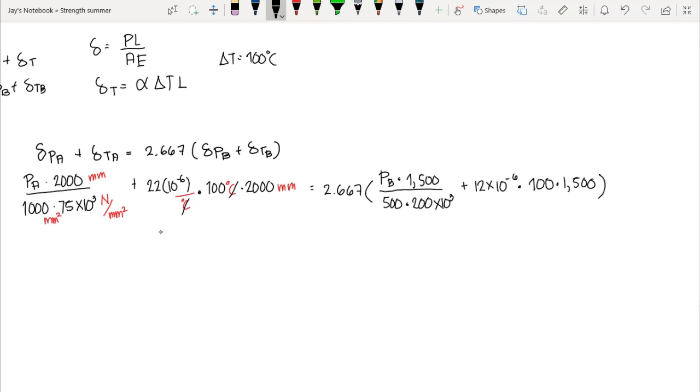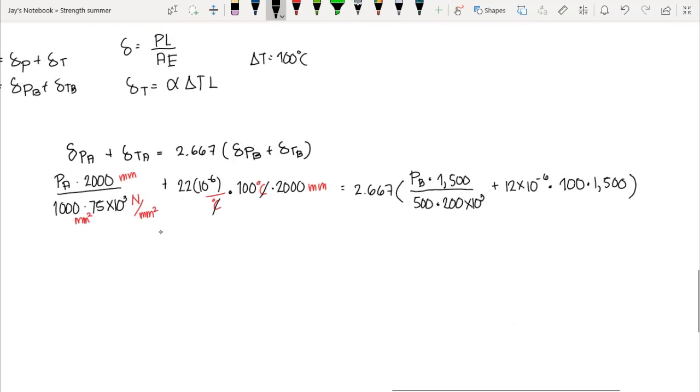Okay, so we can further simplify this equation. We could have 2.667 times 10 raised to negative 5, that is in terms of PA, plus we have 4.4, is equal to, we distribute 2.667 inside the parenthesis.